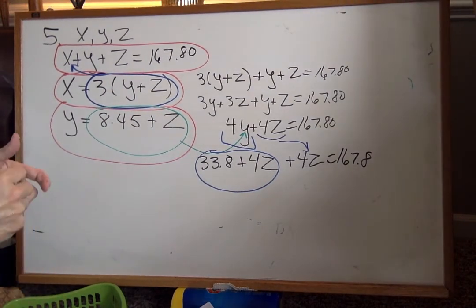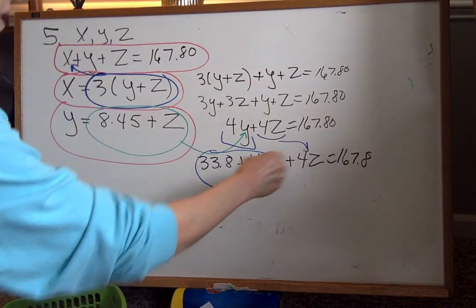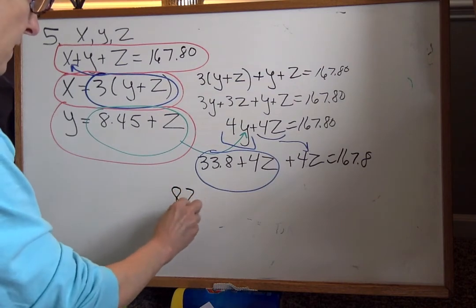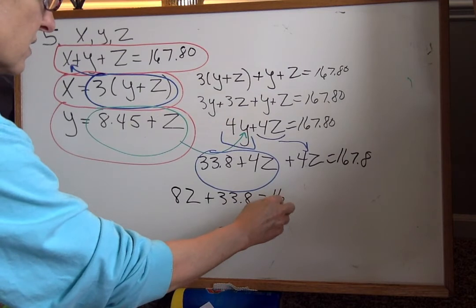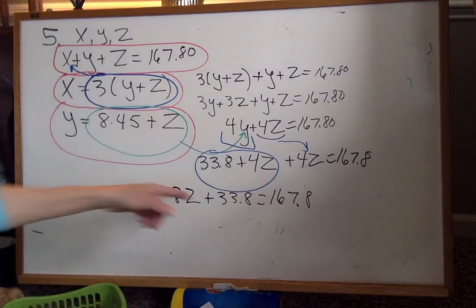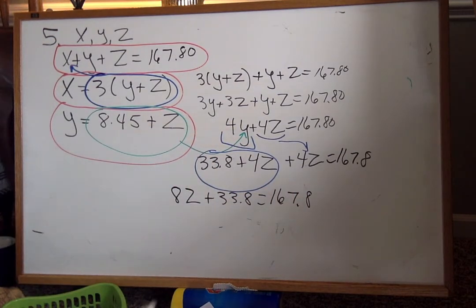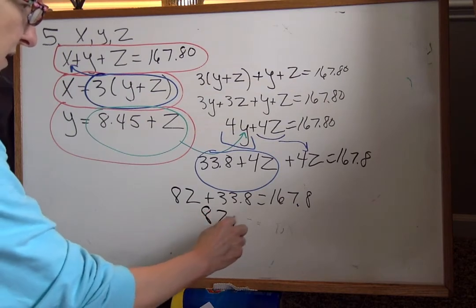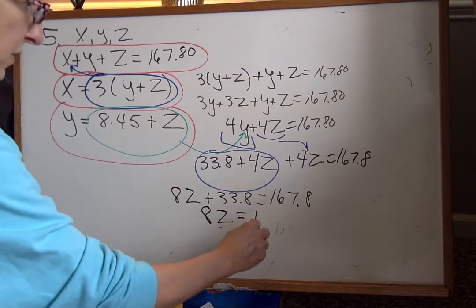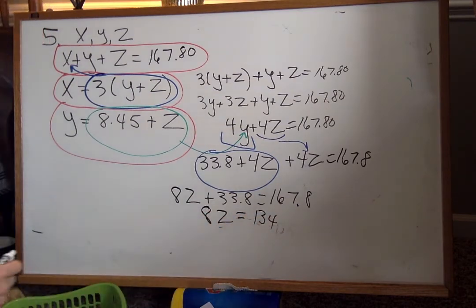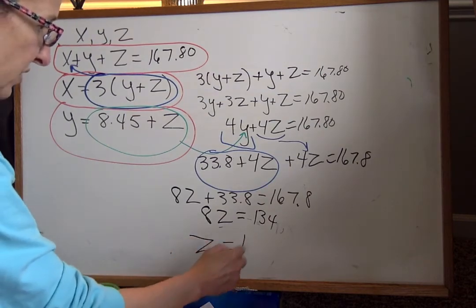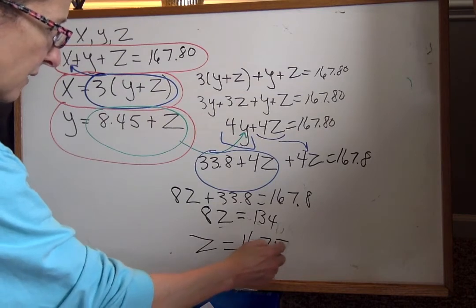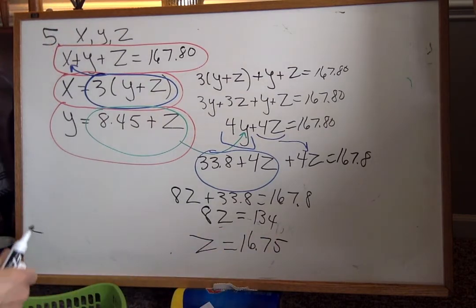Okay. All right, what do I got now? I have 8z plus 33.8 equals 167.8. Subtract 33.8 from both sides. 8z equals 134. Divide both sides by 8. Z equals 16.75. That's what one of them is.